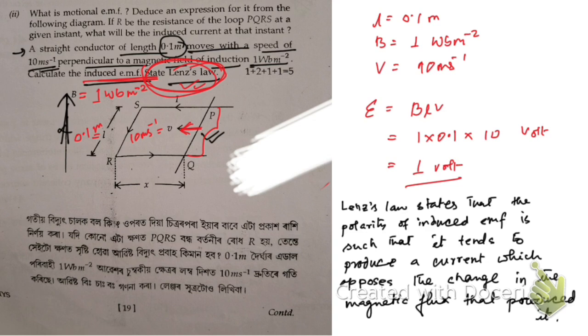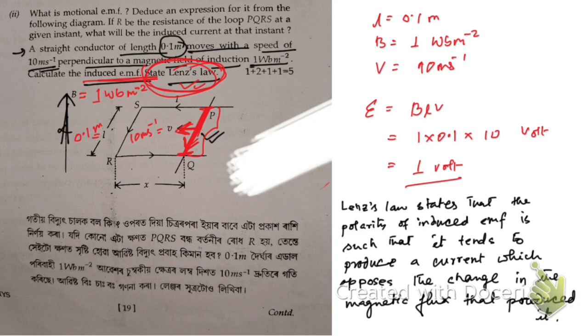So what does it mean? Let me explain the meaning. Now you see, the EMF induced in this conductor is due to the change in flux through this loop, right? And this change occurs due to the motion of this PQ. So the polarity of EMF induced in this conductor will be such that it produces an induced current in this conductor in the direction such that it opposes the change in magnetic flux.